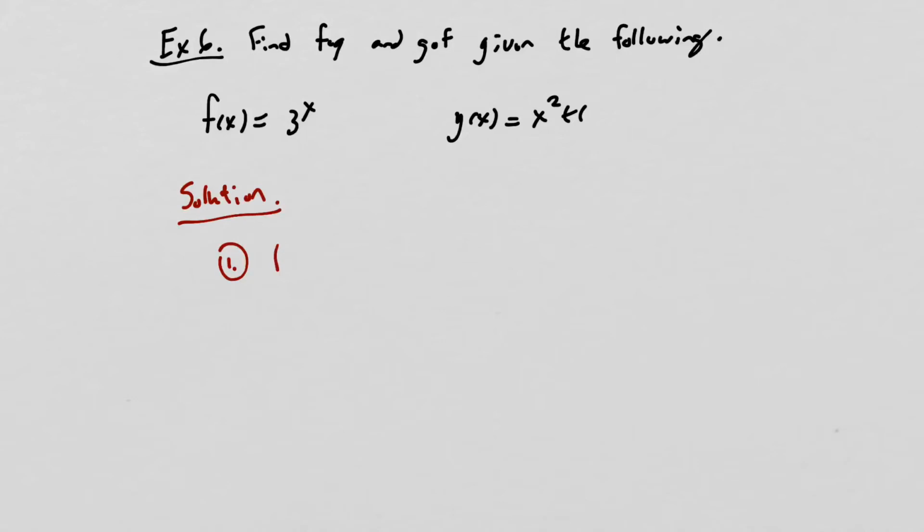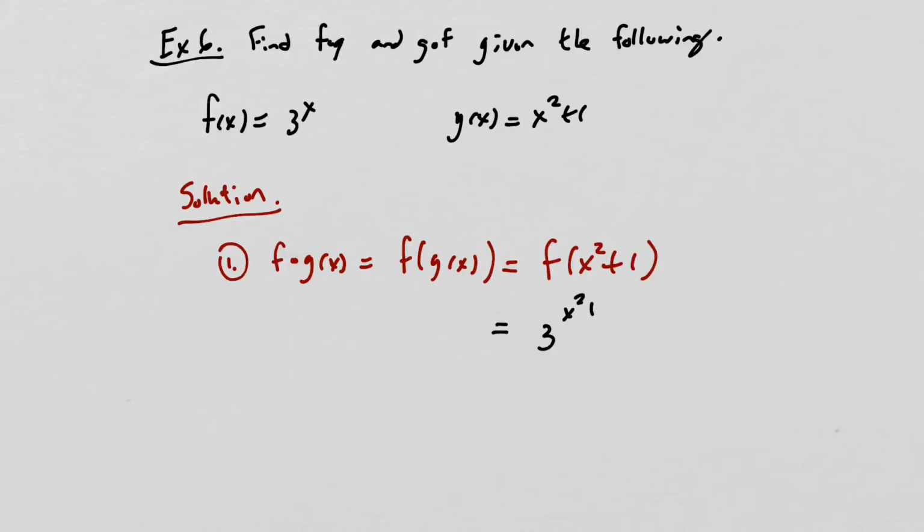First, let's go ahead and find f composed with g. This is going to be equal to f of g of x. g of x in this case is our x squared plus 1. So plugging our x squared plus 1 into our 3 to the x, we're going to get that this is equal to 3 raised to the x squared plus 1.